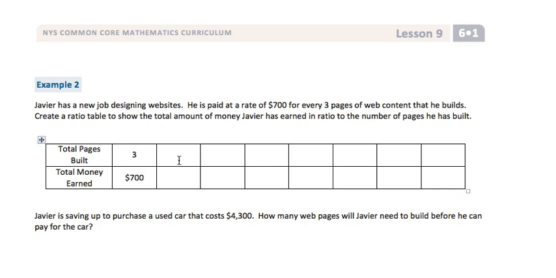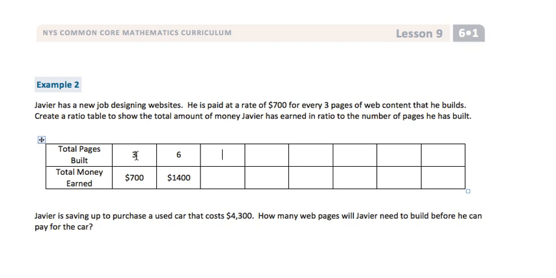In the same way that we worked on the table before, we could double the number of pages built, and 3 times 2 would be 6. So we also have to multiply the amount of money that he earns by 2, which would be 1,400.